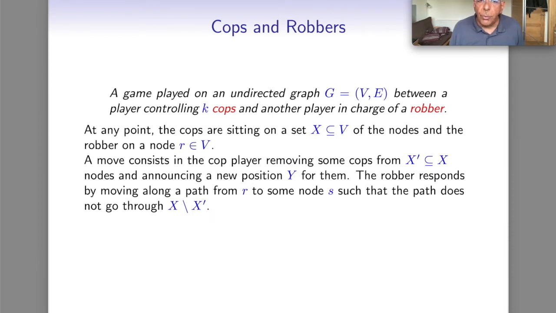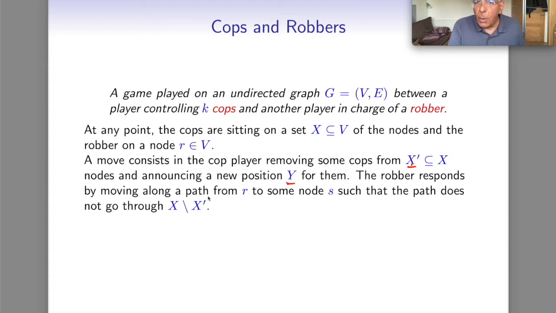In each move, some of the cops are going to move, and the cop player announces them. Some subset of the vertices from X will be removed and placed in a new position. There is no requirement that there be a path in the graph for them to follow. The graph plays no role in this. These cops have helicopters, but they're noisy helicopters, so the robber knows exactly where they're headed.